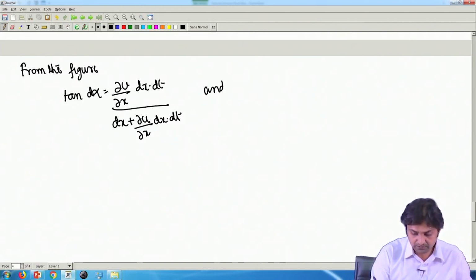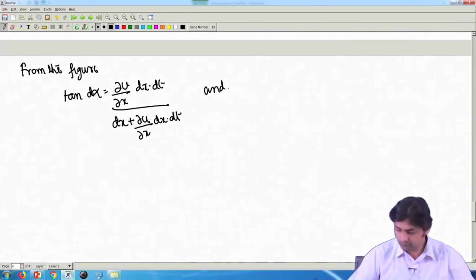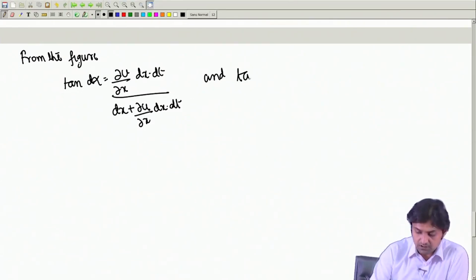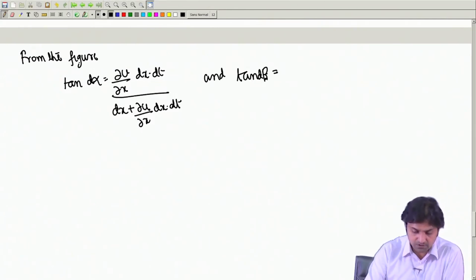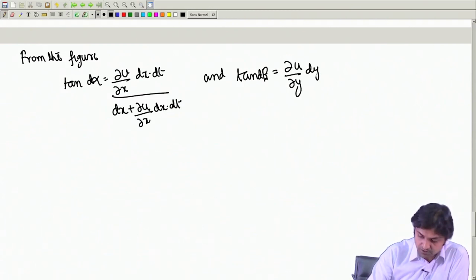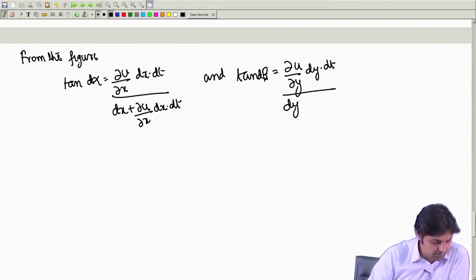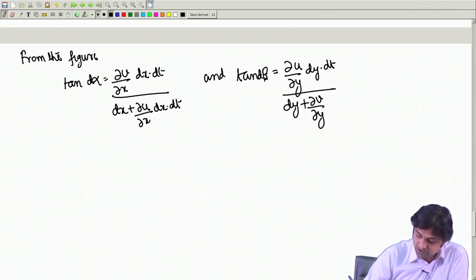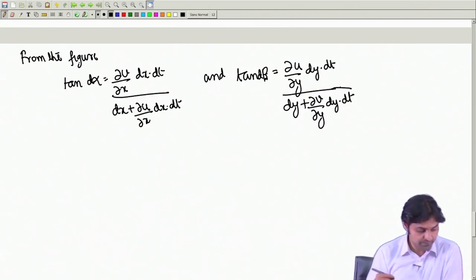And what is going to be tan d beta? Tan d beta is going to be del u by del y into dy dt divided by dy plus del v by del y into dy dt. Okay, simple trigonometric rule.